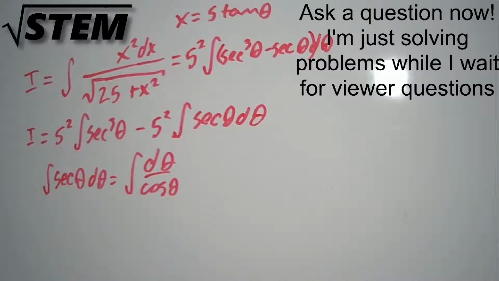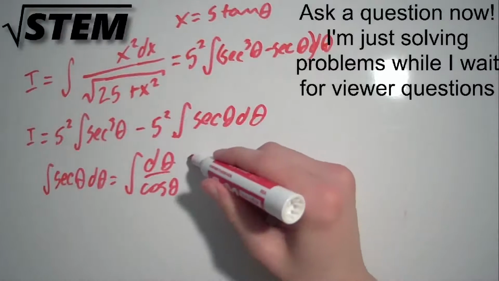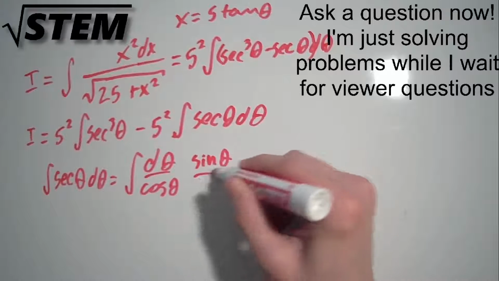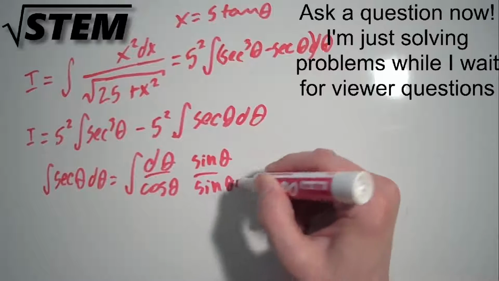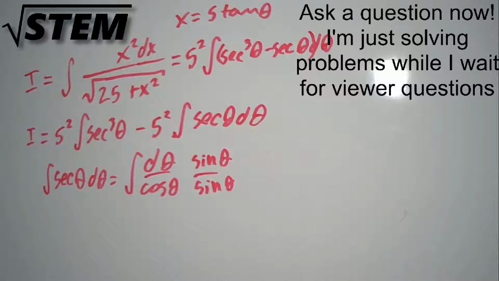Oh, it's been forever since I've done this. Is it multiplying by sine over sine? What would that get us? We would have tangent divided by sine. No, I don't think that's it.